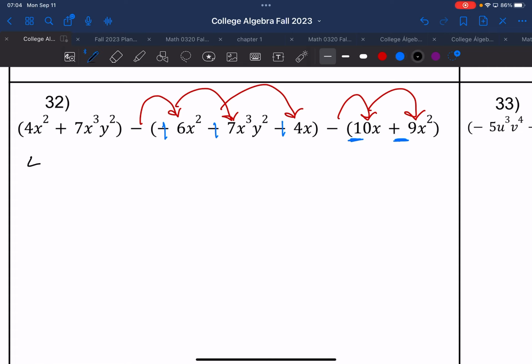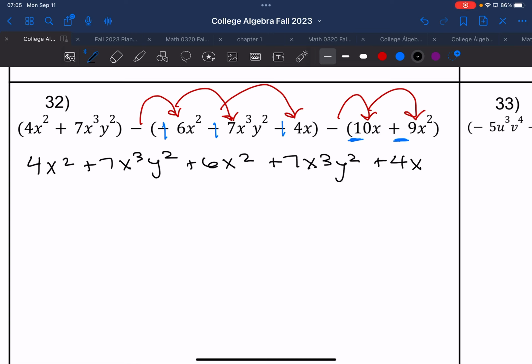So I rewrite this as 4x squared plus 7x cubed y squared plus 6x squared plus 7x cubed y squared plus 4x minus 10x minus 9x squared. Okay. That was me rewriting without the parentheses, and then those last two expressions had the signs changed.